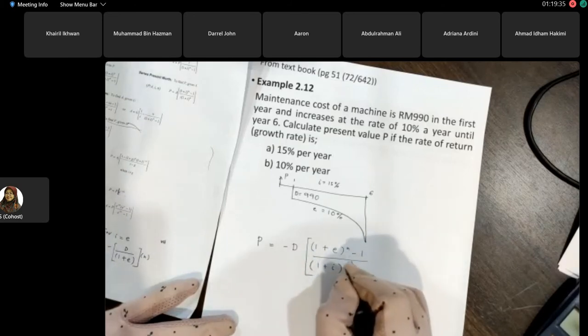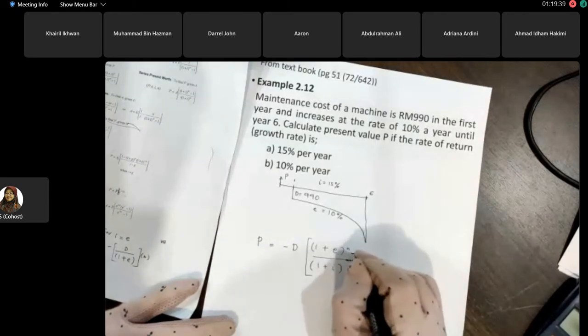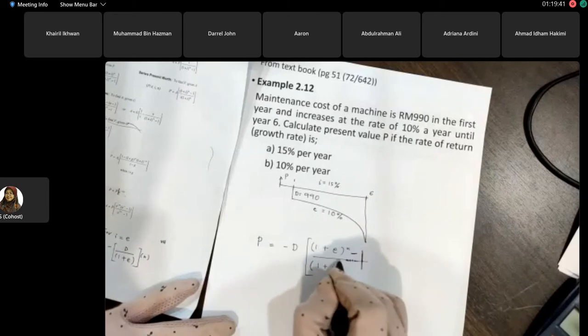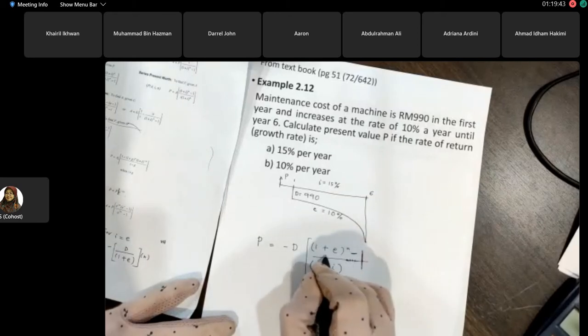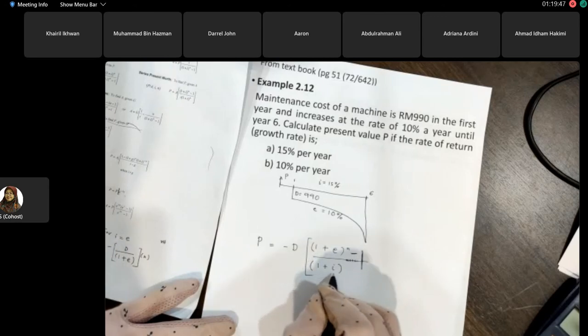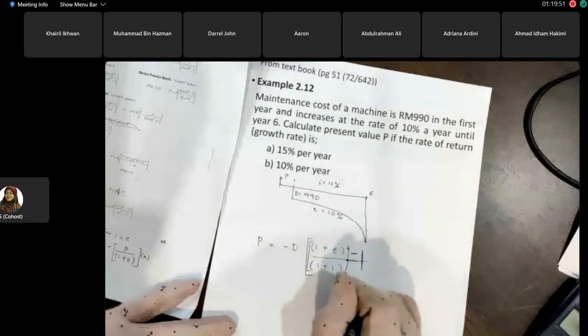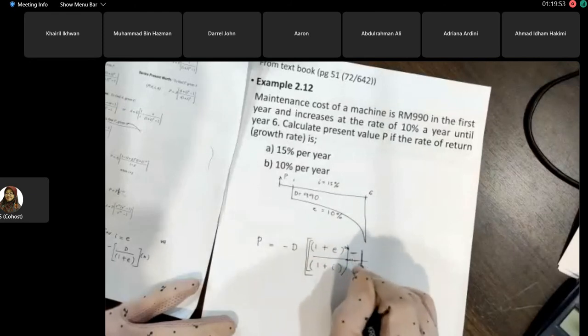Sorry, salah. Ni salah. Dia minus 1 ni besar. Dan ni sampai sini. Ni 1 plus E power of N, 1 plus I. Okay, settle this one first. And then minus 1.